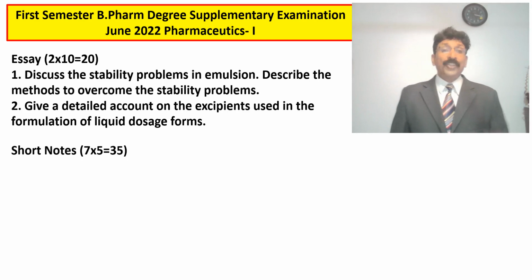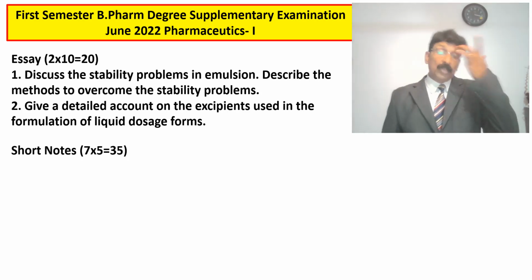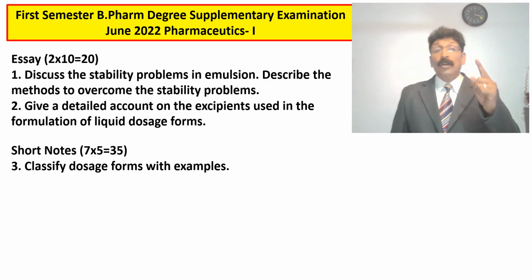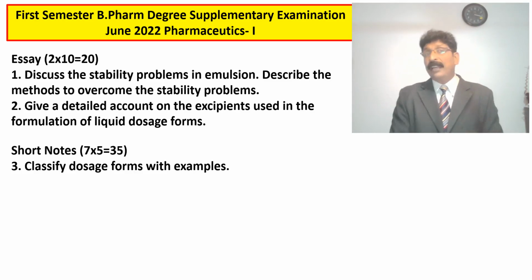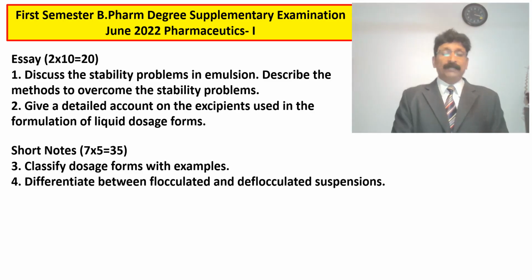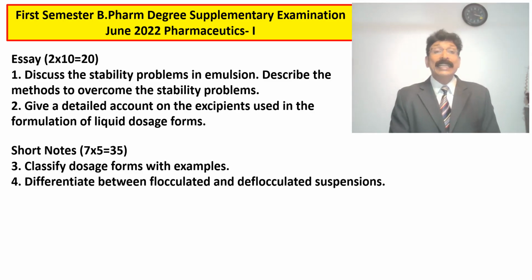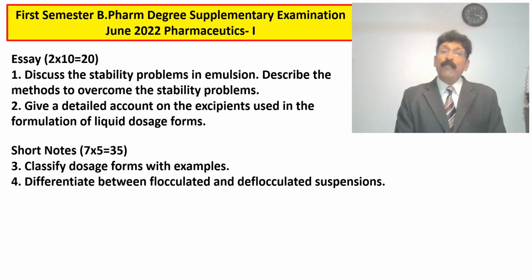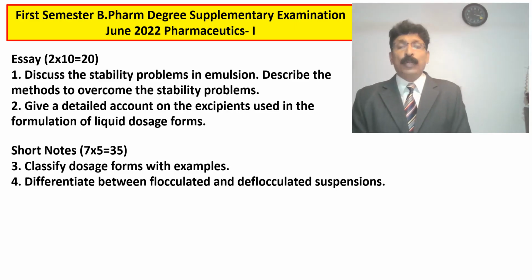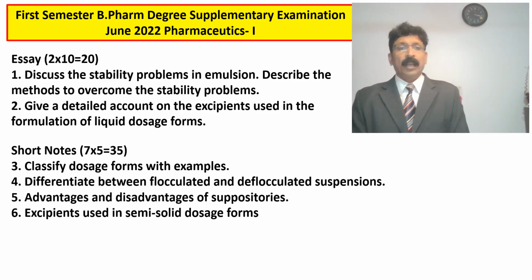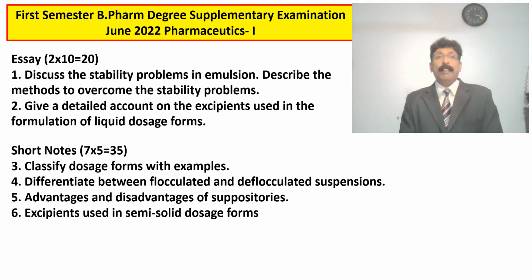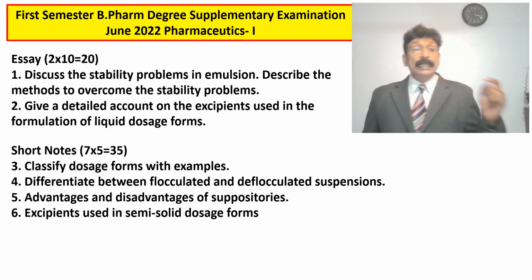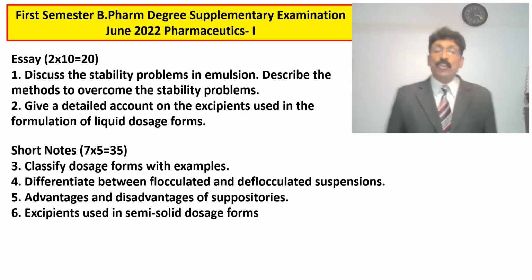And short notes, they used to ask for B Pharmacy students, 5 mark questions. The first question or the third question in the question paper: classify dosage forms with example. The next one is differentiate between flocculated and deflocculated suspensions. Advantages and disadvantages of suppositories is the next question. And the next question they have asked, excipients used in semi-solid dosage forms.